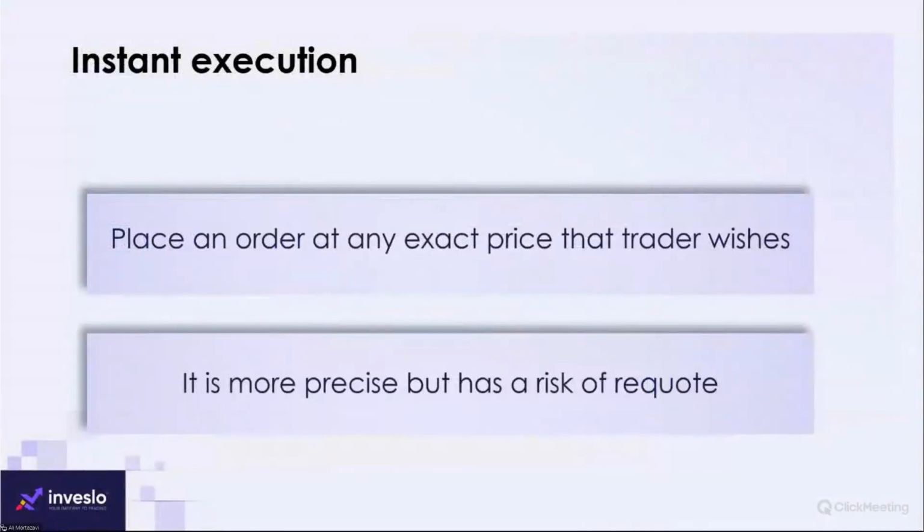There is a risk involved with the instant execution that we call a requote. What is a requote? When you use the instant execution, you are putting your attention on a specified price level.